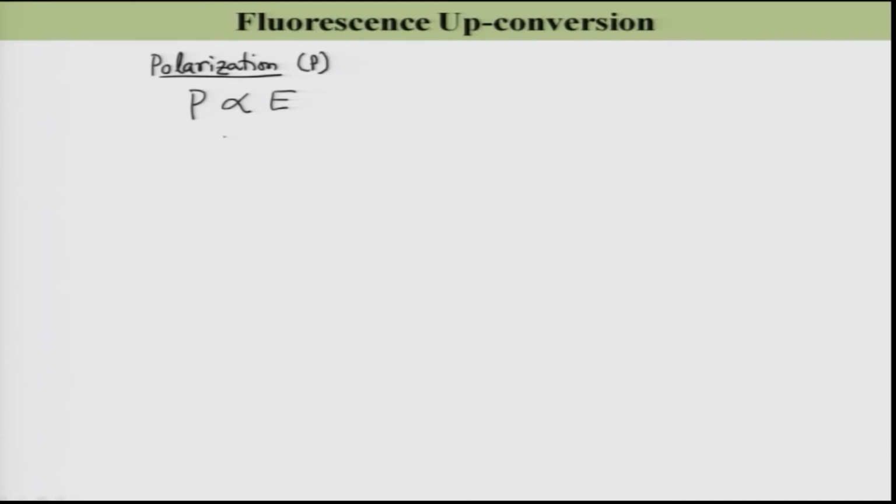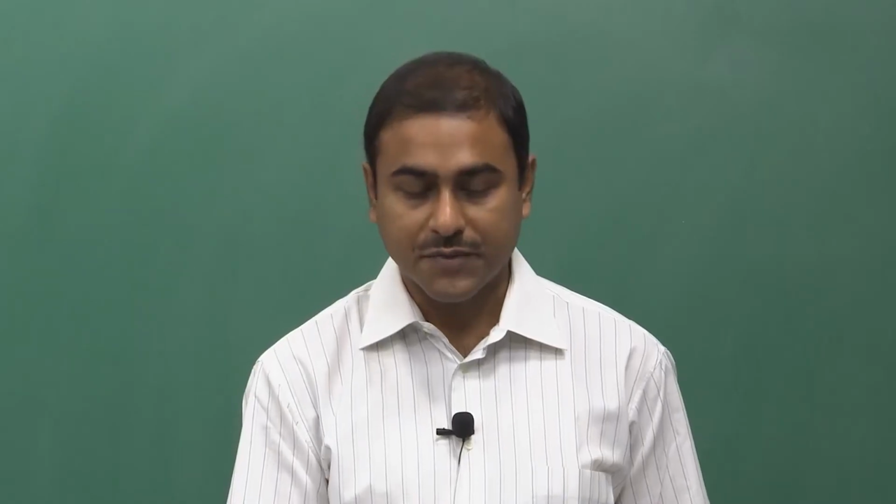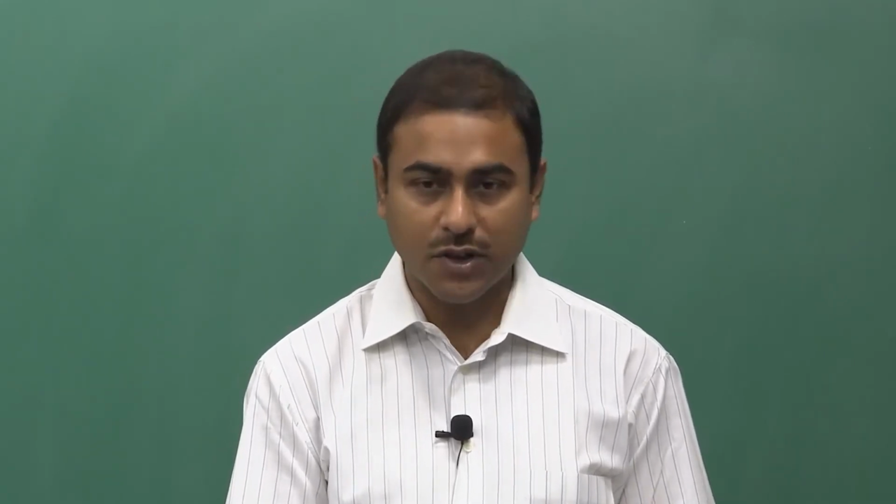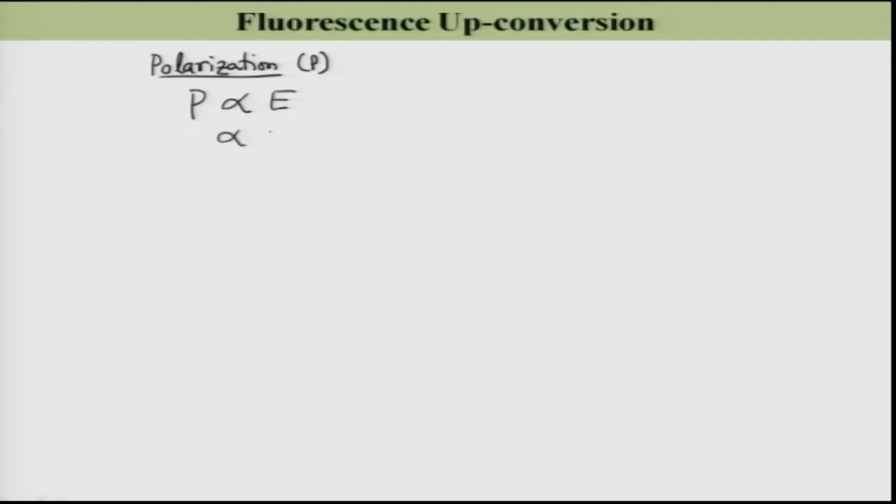That means, for some molecules the creation of induced dipole moment is more, and for some substances it is less. So, this is a molecular property, and that is also proportional to the molecular property chi 1. So, I can simply write P is equal to chi 1 E, right.